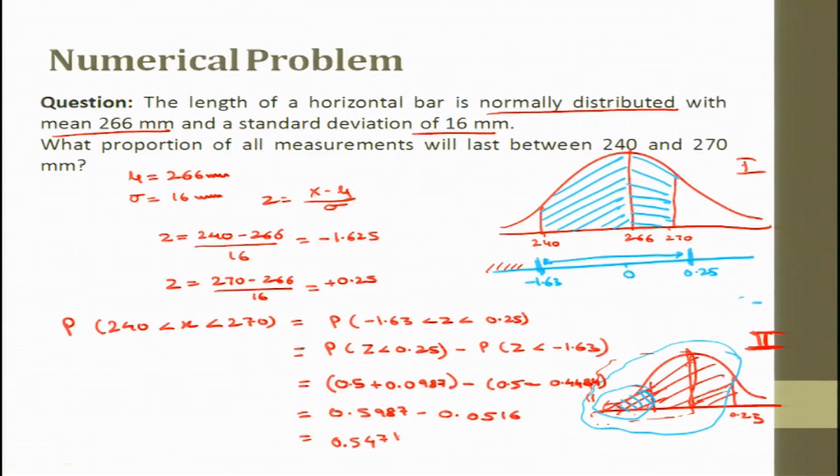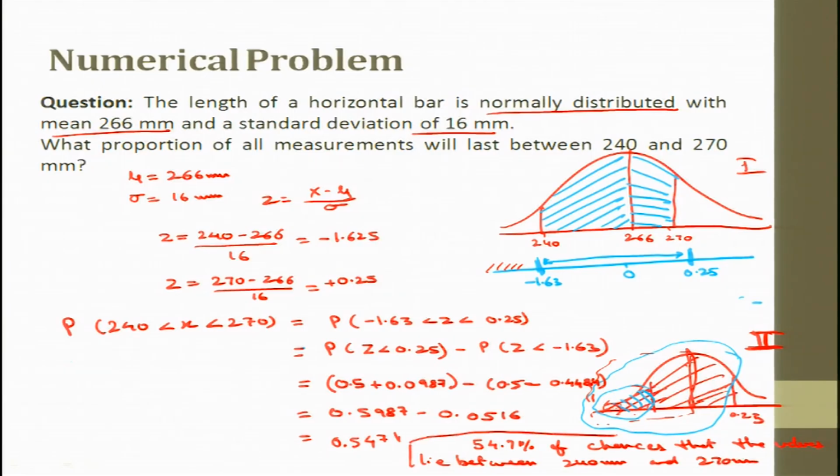Now this means that there is a 54.7% chance that the values lie between 240 mm and 270 mm.